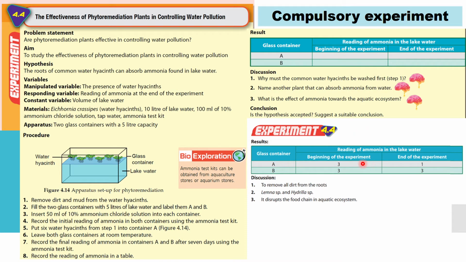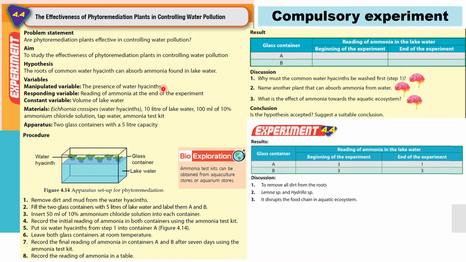in that you compare the reading for glass container A, beginning 3 and end 1. But for B, both the same, so it remains constant at 3. And so the ammonia reading in container A at the end of the experiment has already reduced. Why is the reading of ammonia reduced in container A?